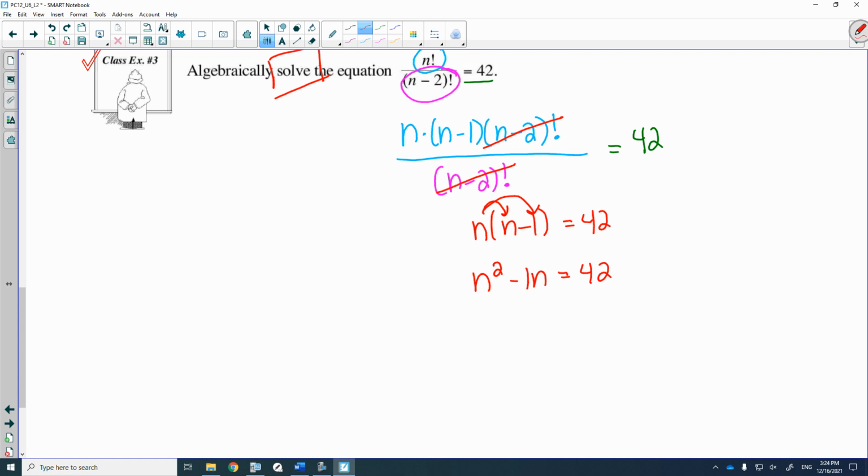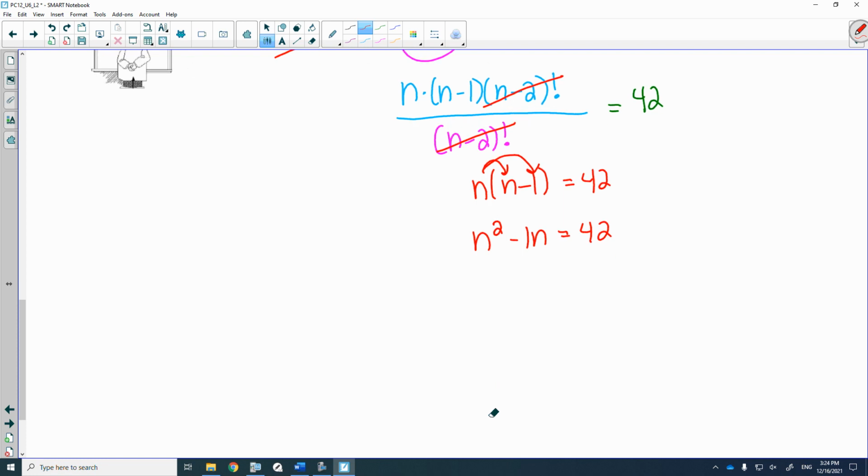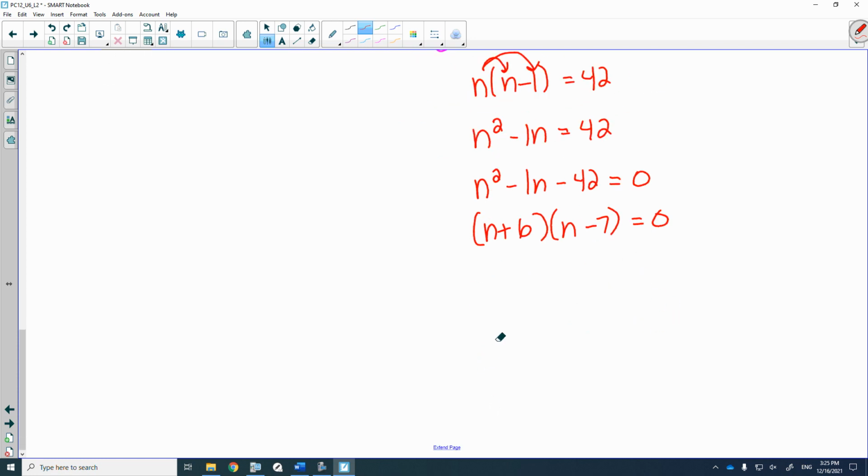And we're going to solve by factoring. So bring everything to the left-hand side. And you are looking for the two numbers that multiply to negative 42 and sum to negative 1. So those two numbers would be 6 and negative 7. So again, remember, don't drop your 0 here. And then we're going to solve for n.